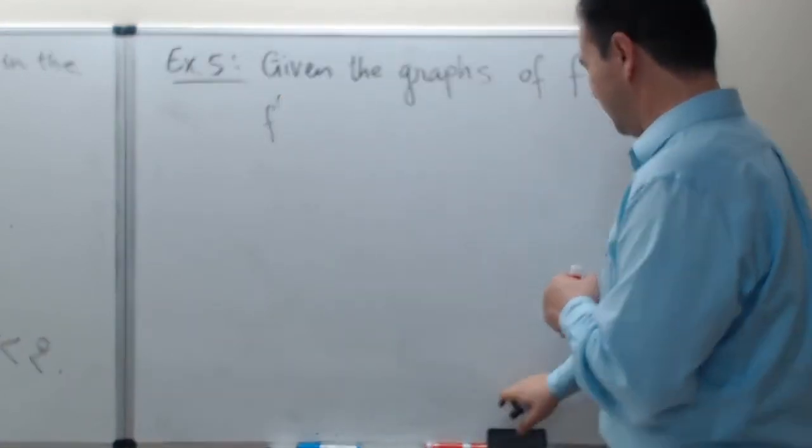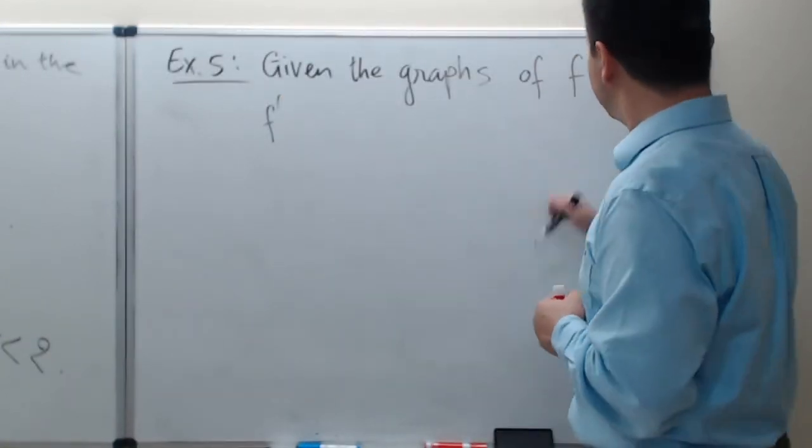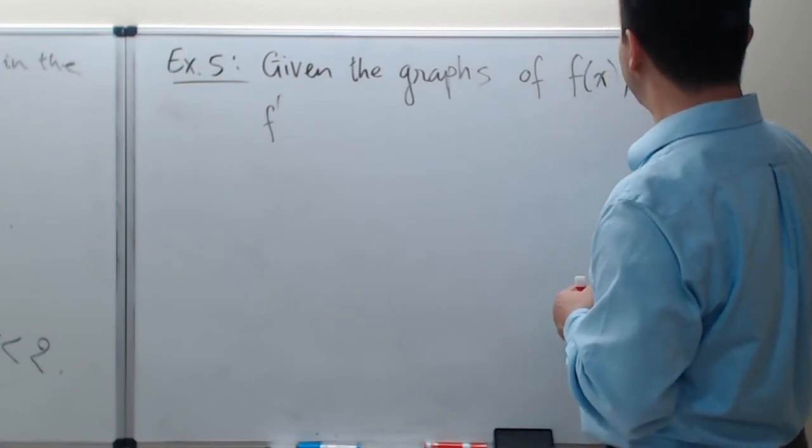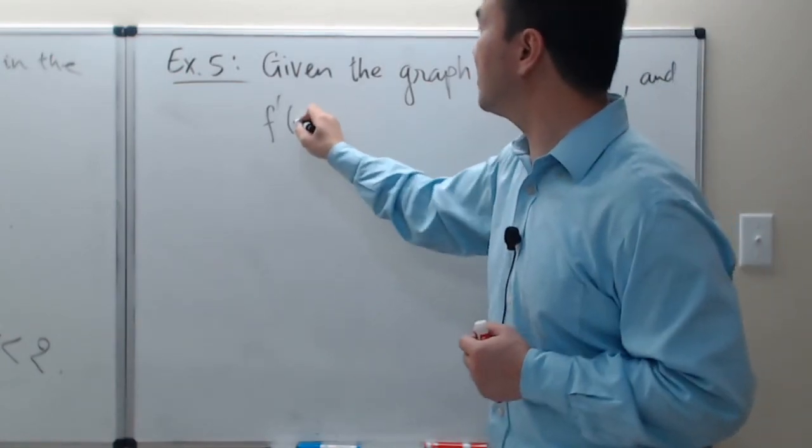So at this point of our learning, f of x is a function, as we already knew, and f prime is also a function of x.